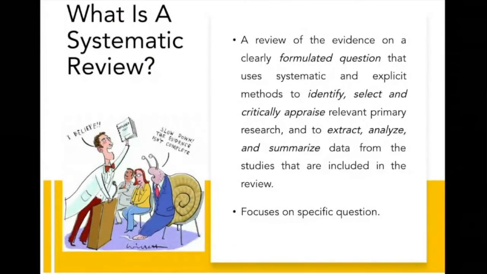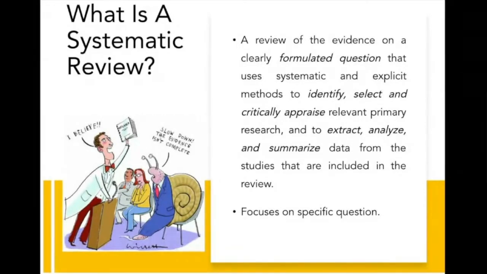Okay, so what is a systematic review? You can relate it with that situation just now. It is evidence from a clearly formulated question that uses systematic and explicit methods to identify, select, and critically appraise relevant primary research, and to extract, analyze, and summarize data from the studies that are included in the review.